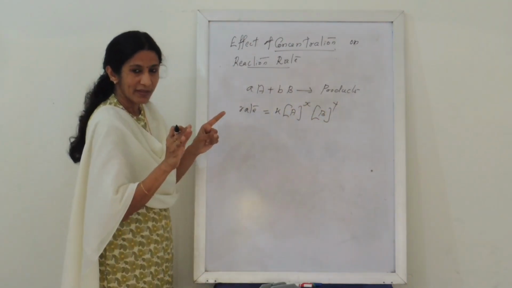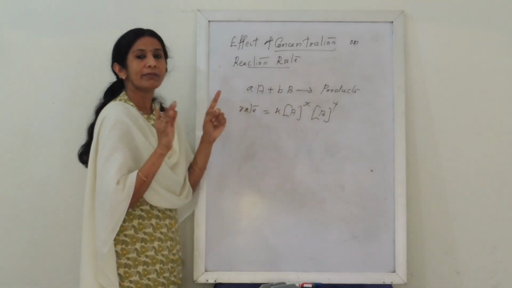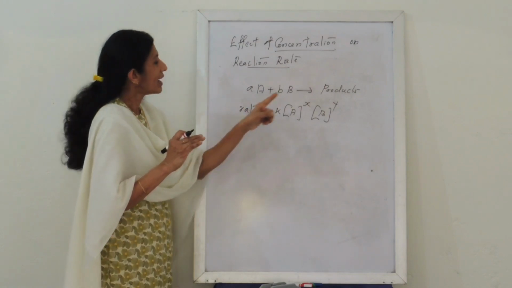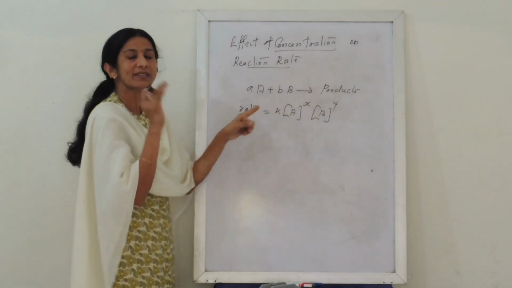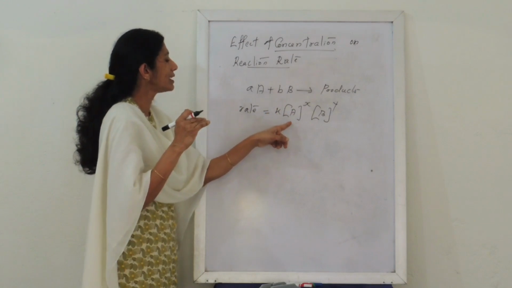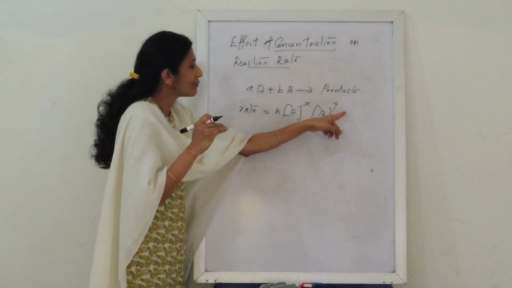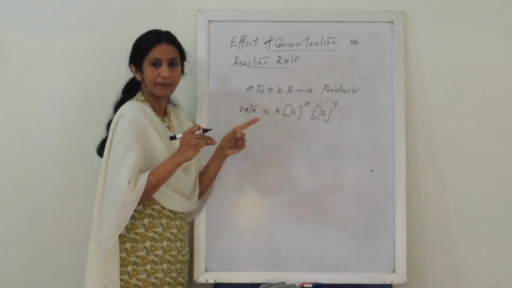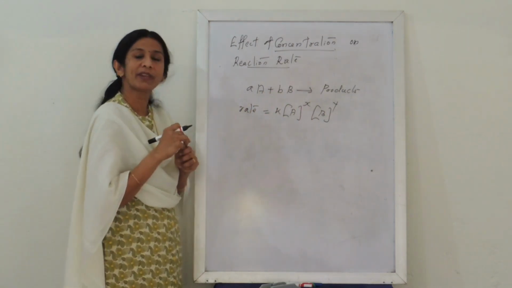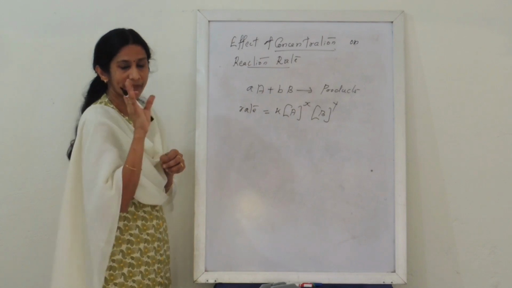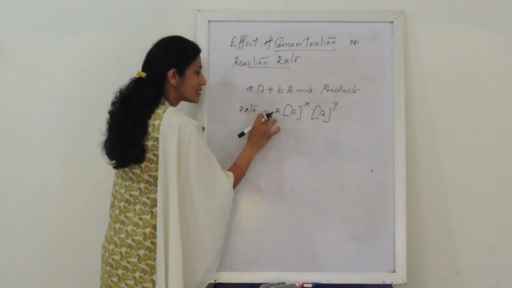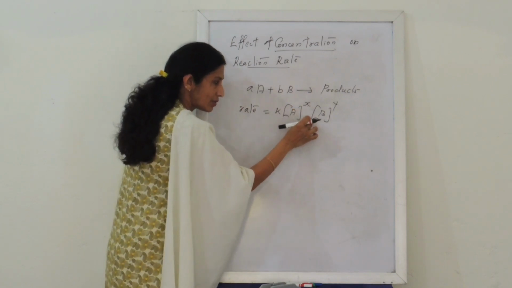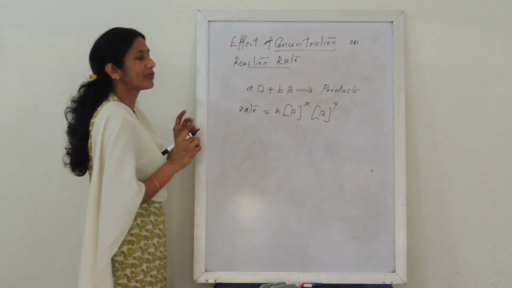The x and y may or may not be equal to a and b. And here x is the order with respect to the reactant A, and y is the order with respect to reactant B. The order is an experimental quantity. അതായത് rate is equal to k into concentration of A to the power of x into the concentration of B to the power of y.